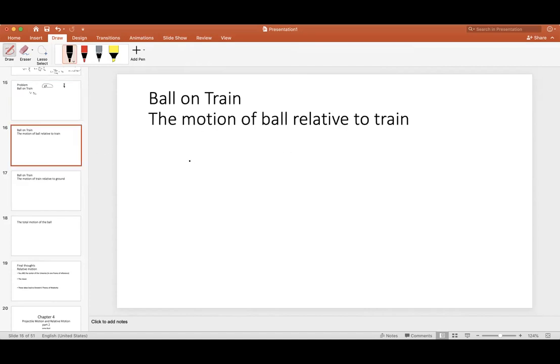So the velocity of the ball relative to the train, we'll say is v naught in the y direction, however fast it starts with, minus g over 2 t squared. I'm sorry, that is wrong.